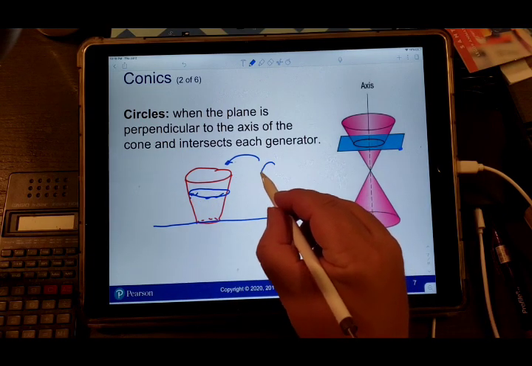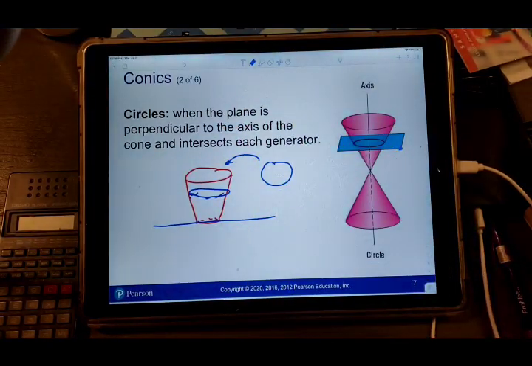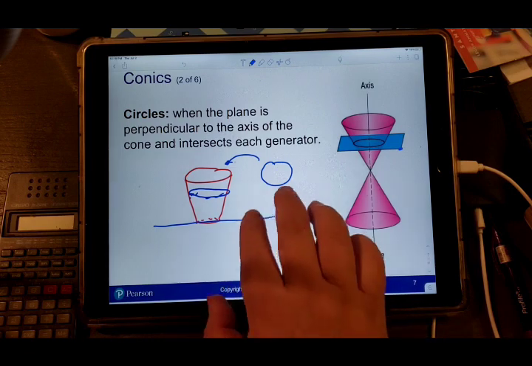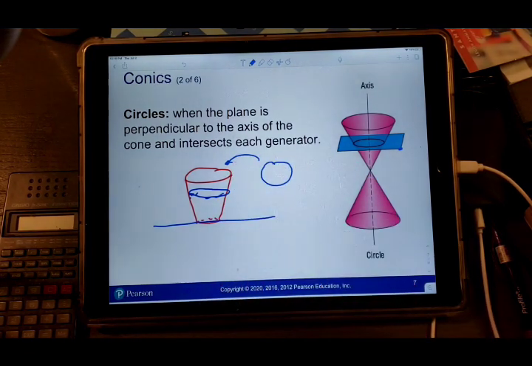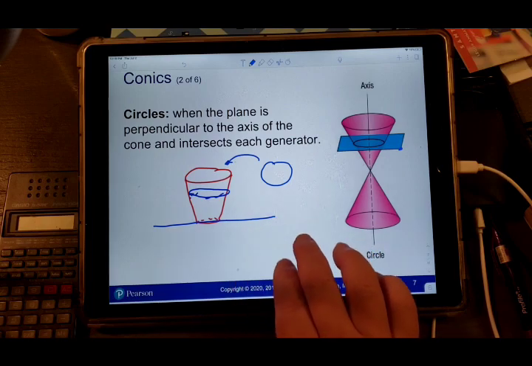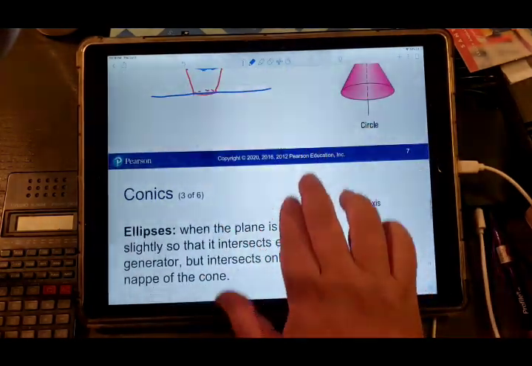Well, what you're looking at is a circle, and you know this circle just from your cup intersecting with the soda or whatever it is, your drink. I probably could have drawn that a little better, but all right.